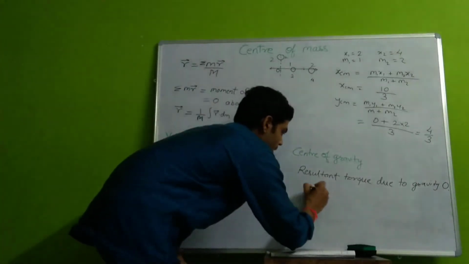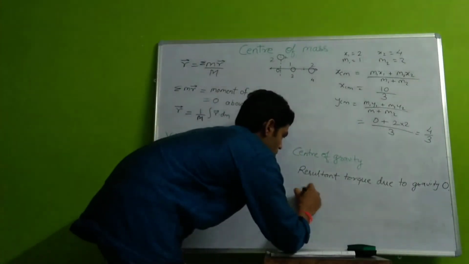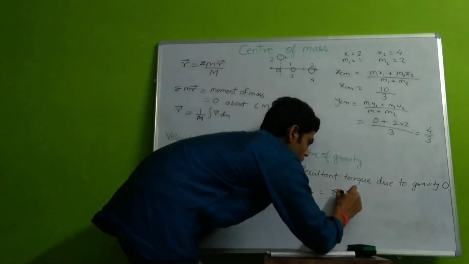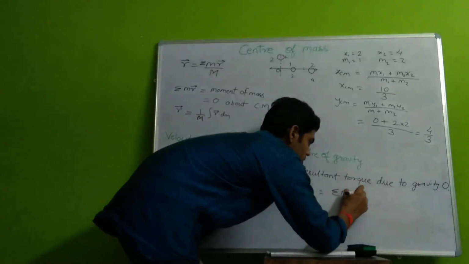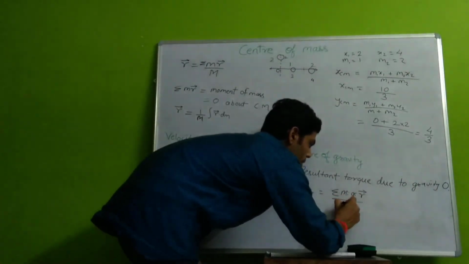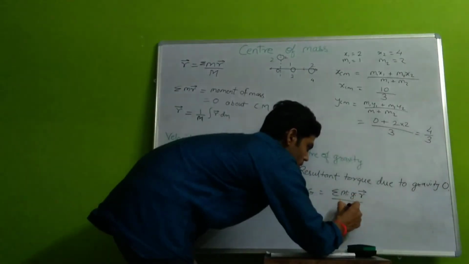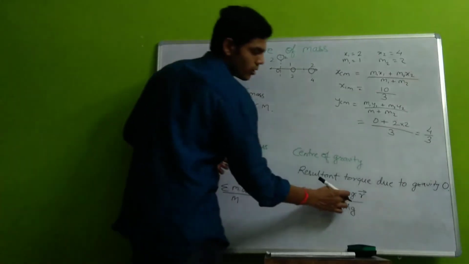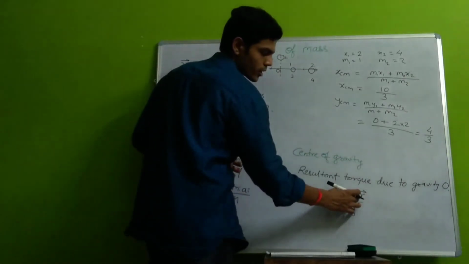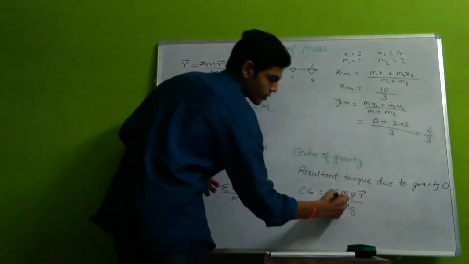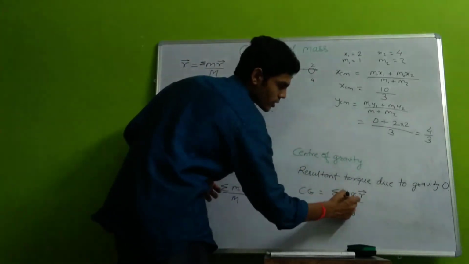So basically we write center of gravity as the summation of m_i g_i r divided by mg. So small weights' product with location divided by total weight gives the center of gravity.